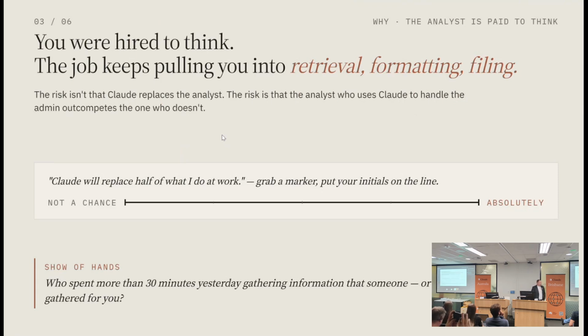So, a quick show of hands. I do this on my workshops when I come into a team, and usually I get them to put a sticky note or something. Think about yourself. Where are you on this scale? Do you think Claude could replace half of what you do at work today if you just prompted it right?